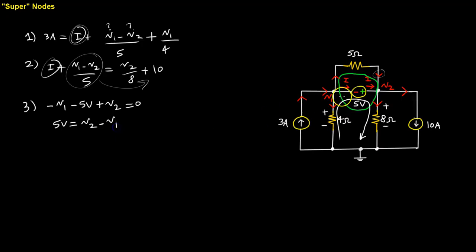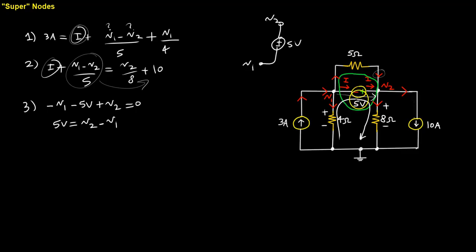And if you look at this, this makes sense, because if I start from V1 and I look in this direction and go to V2, I see that I've risen by 5 volts. So in other words, if I'm sitting at V1 and I think of potentials as height, like gravitational potential, I see that as I go this way, I'm going to rise by 5 volts and reach V2.